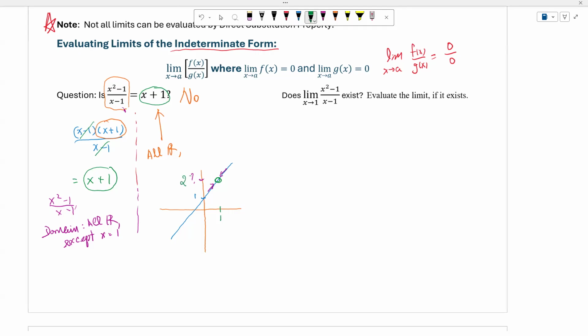Therefore, my answer to this one will be equal to 2. However, whenever I find a limit, if I need to graph it, then sometimes it's really troublesome. So is there a way that we could do it algebraically? Let's see.